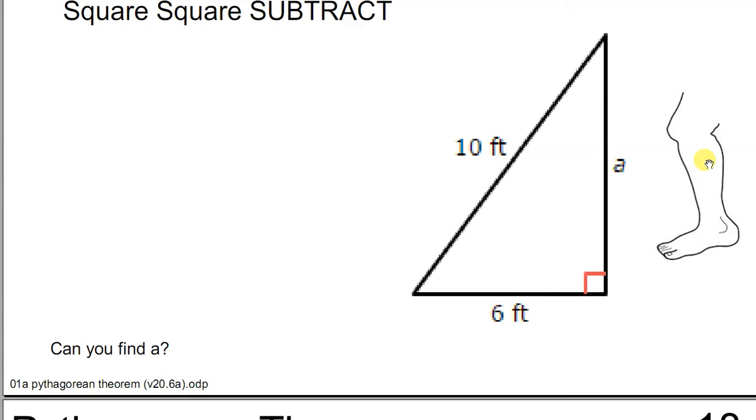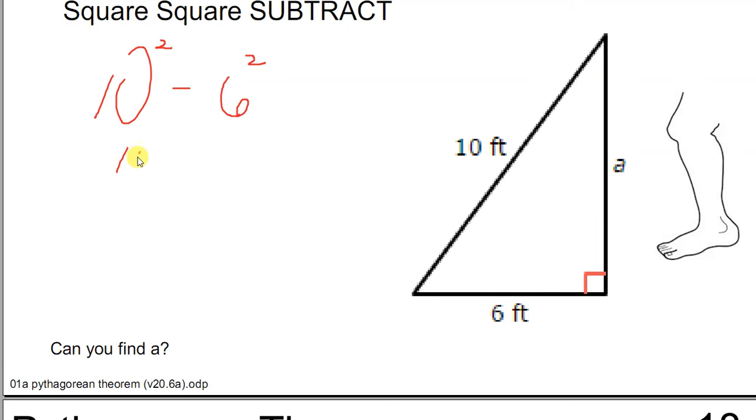This time we're going to do a square-square subtract. Actually, this is the exact one we did in our notes, isn't it? So square-square subtract. So I'm going to have 10 squared. Yeah, I'm using my mouse to draw. It's not that great. My drawing tablet needs to be charged. Minus 6 squared.